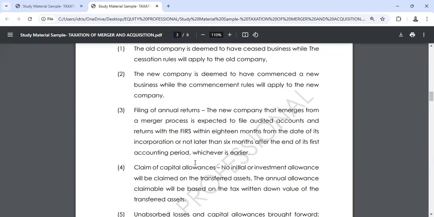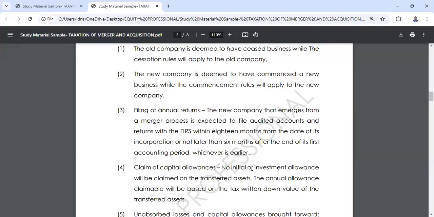Another tax implication, claims of capital allowance. There will be no initial allowance or investment allowance on the asset transferred to the new company, but an annual allowance will be claimed based on the tax written down value.